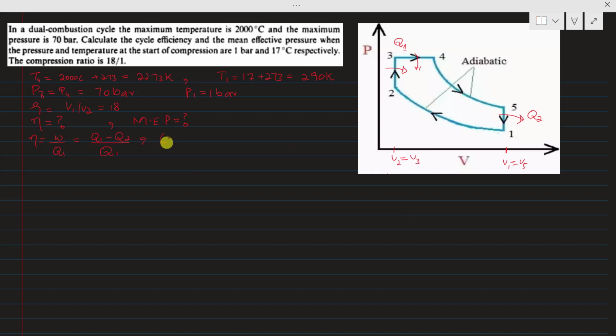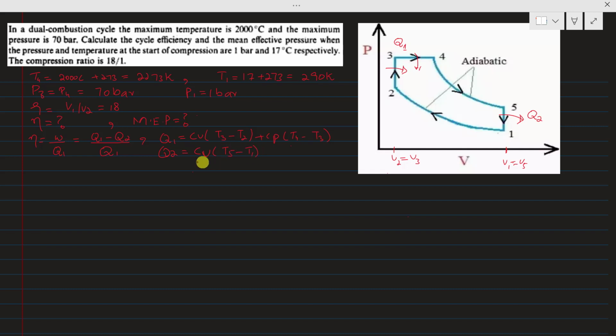The heat supplied, as I already told you, is in processes 2 to 3 and then 3 to 4. So it will be equal to Cv (T3 minus T2) plus Cp (T4 minus T3).